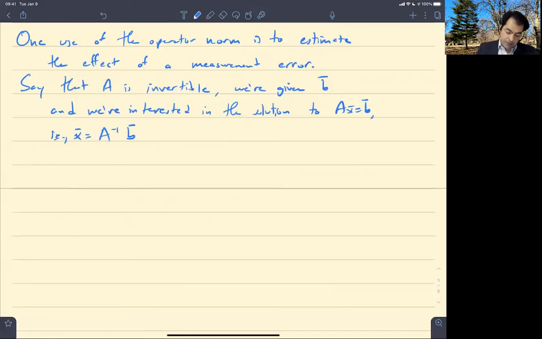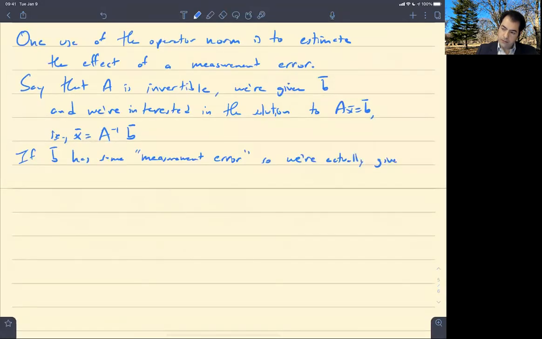Now, in real life, the vector you're given will have some measurement error. So what you're actually given is, let's call it B hat. So this would be B plus H, where H is the error.